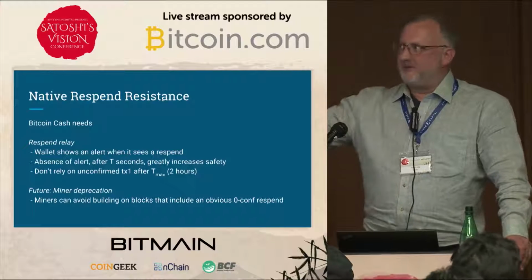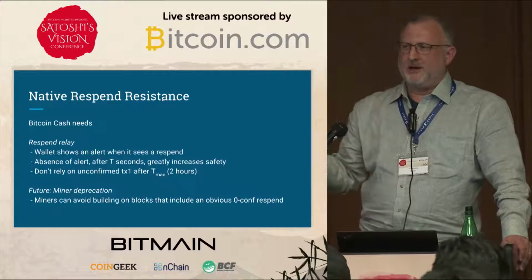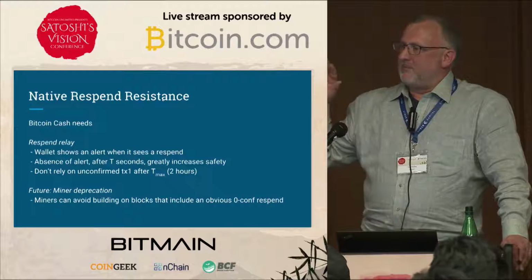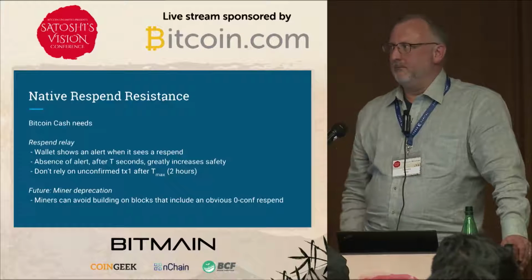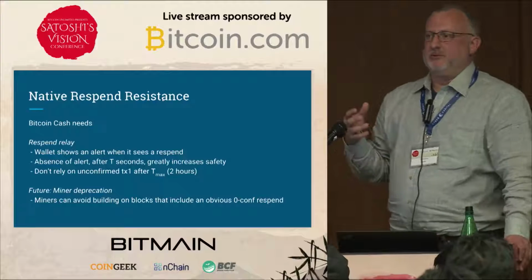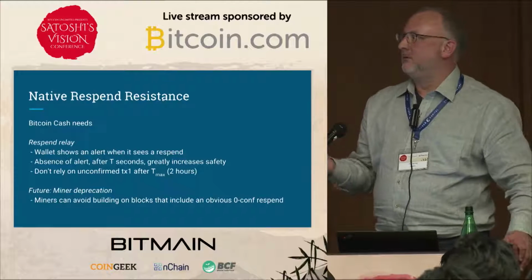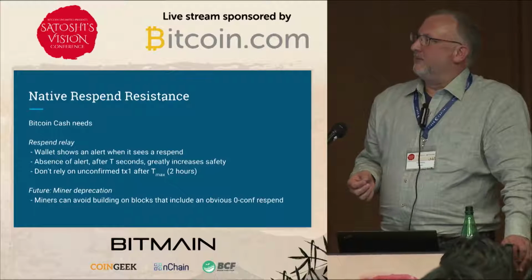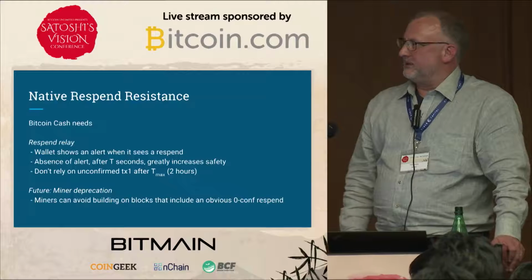And then it would say, okay, the 5 seconds has expired, or whatever that time is, and the choice of that time is important. And then it would become, you should rely on this. So that way you can have both pieces of information: the fact that you saw the transaction, and then the fact that it became reliable. And that's what it means. Absence of alert after T seconds greatly increases safety.